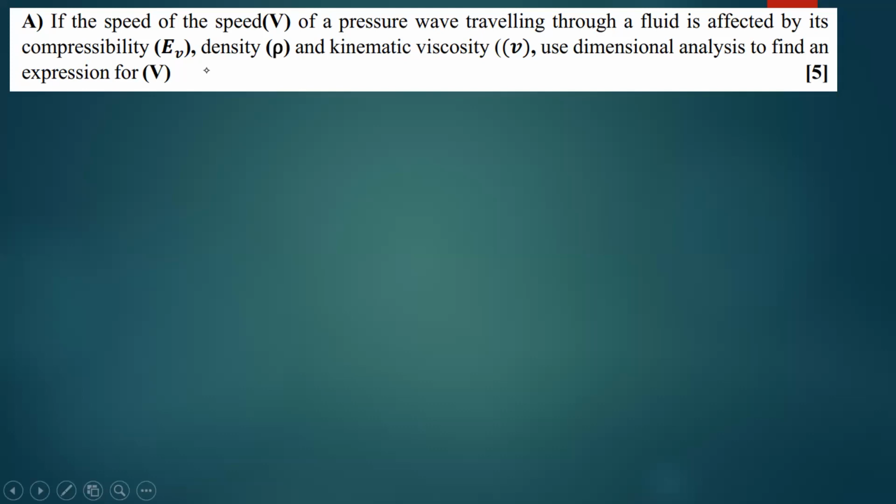So let's quickly move to the solution. They are asking us to find the velocity. So we are going to say velocity is equal to k. This k can be any number, it's a constant.